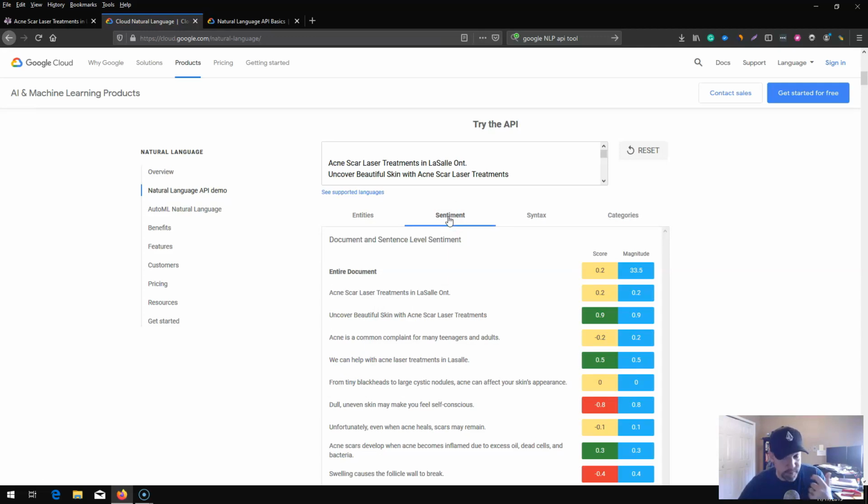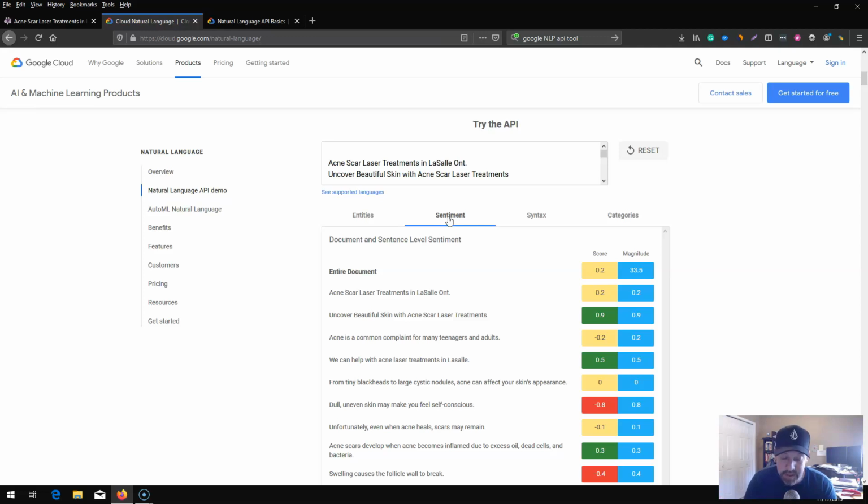So sentiment is broken down into both score and magnitude. If I take a look at my notes here, the score is basically either going to be negative or positive sentiment, as in what the topic is perceived as.